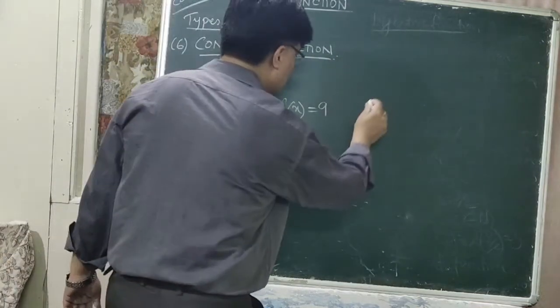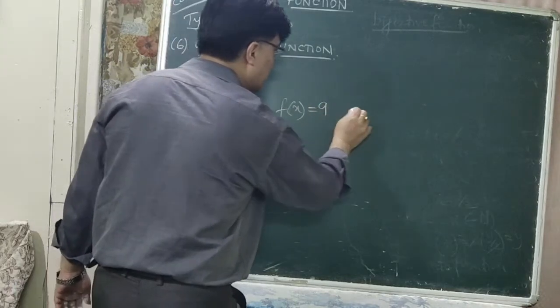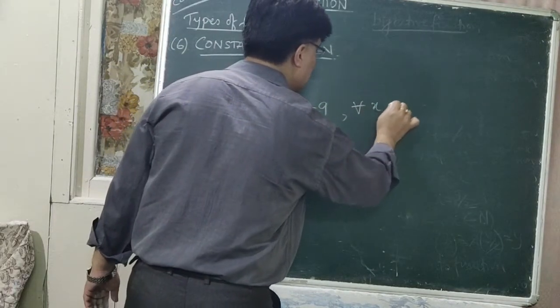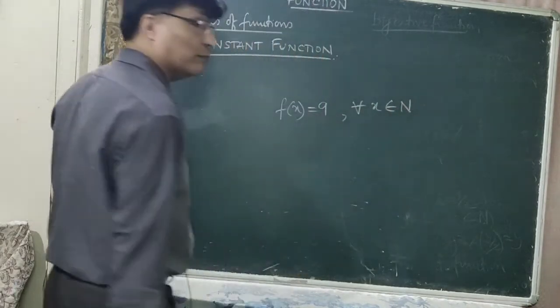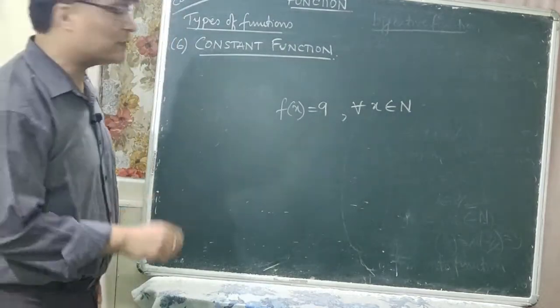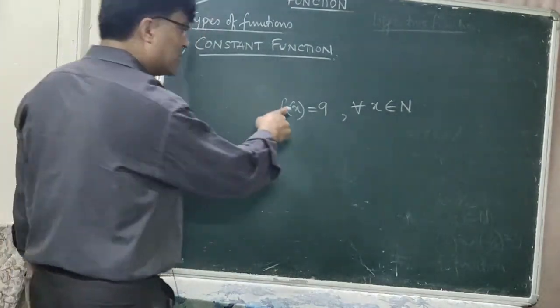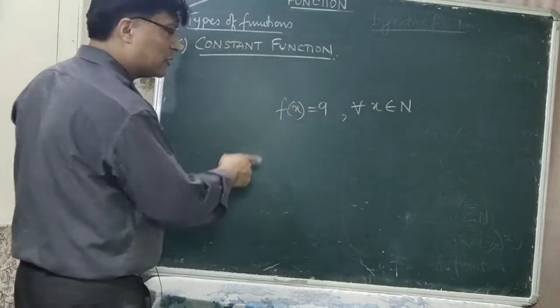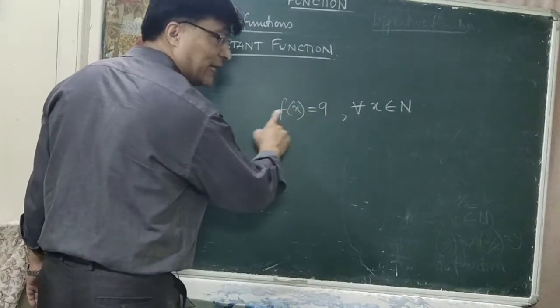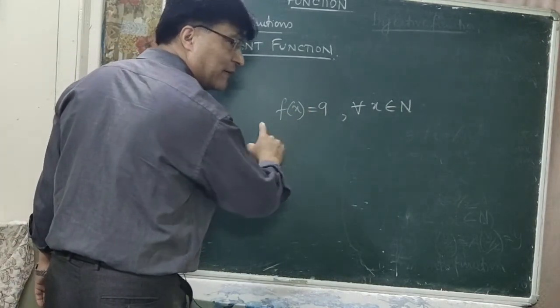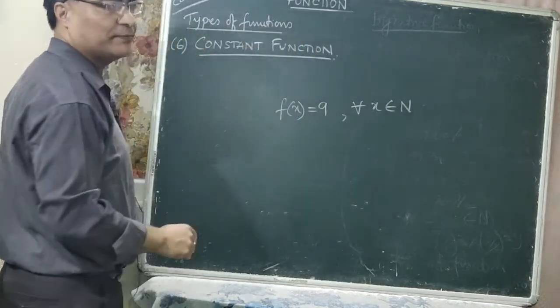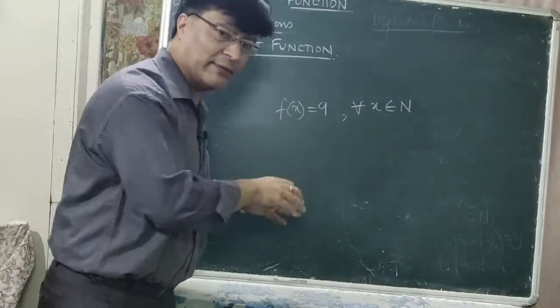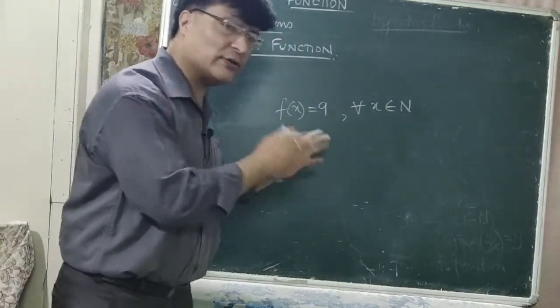Now in this case, f of x is equal to 9 for all x belonging to the set of natural numbers. What does it mean? For all natural values of x, for example x is equal to 1, f of 1 is also 9, f of 2 is also 9, f of 3 is also 9, f of 4 is also 9, all are 9. f of x has got the same value.